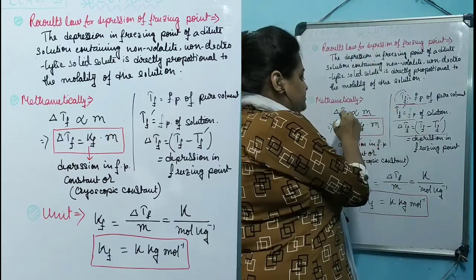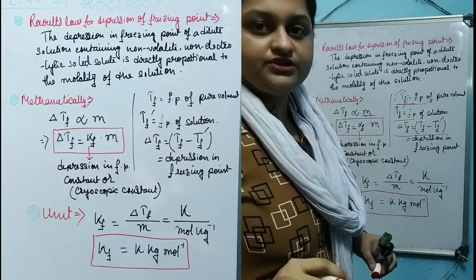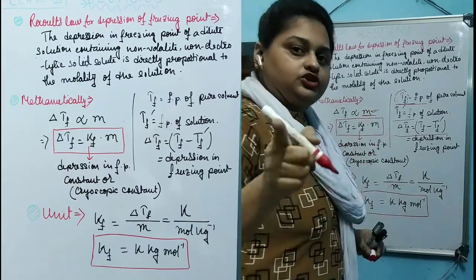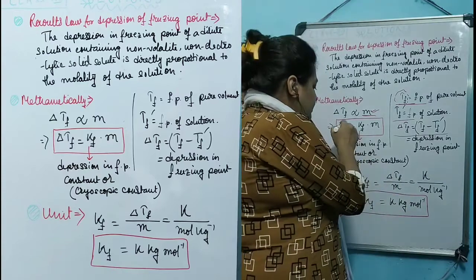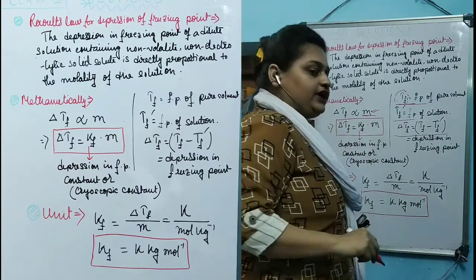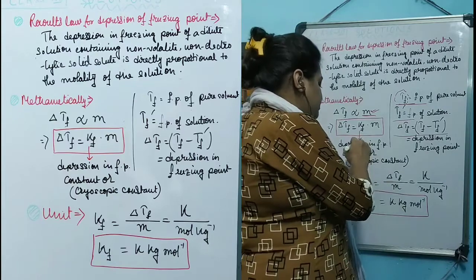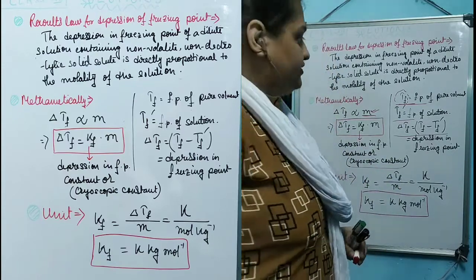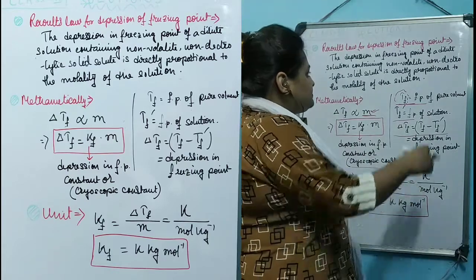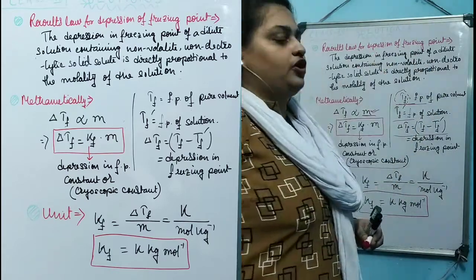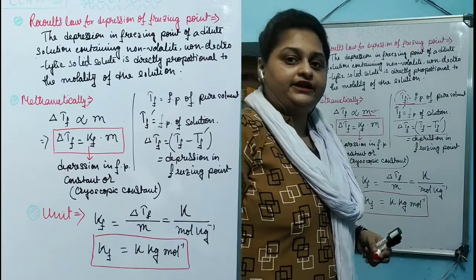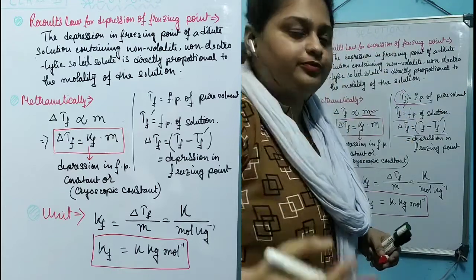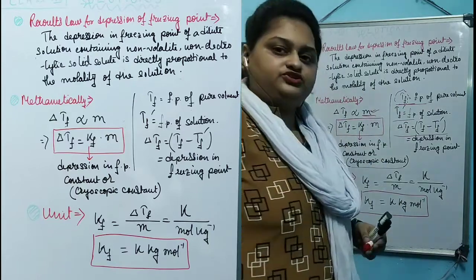Raoult is saying that this delta Tf, depression in freezing point, is directly proportional to the molality of the solution, or delta Tf equals Kf into m, where Kf is the depression in freezing point constant or cryoscopic constant. This statement is saying that the depression in freezing point of a dilute solution containing non-volatile, non-electrolytic solute is directly proportional to the molality of the solution.